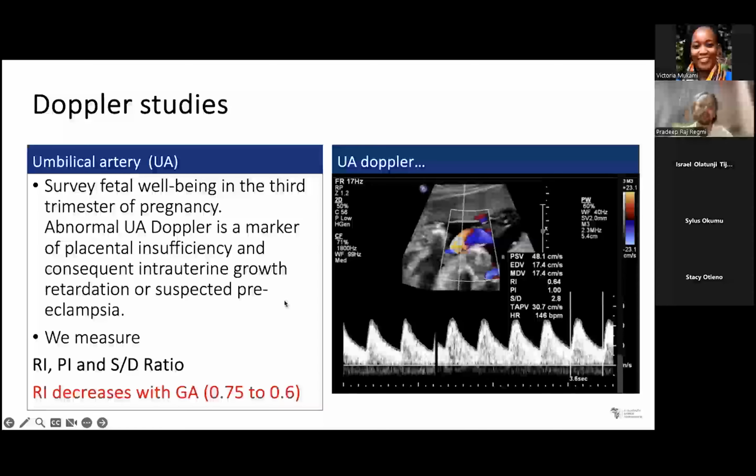Then we suspect any abnormality on the maternal side, like preeclampsia with increased blood pressure in the pregnancy, so that the flow is compromised within the fetus. So it is also one of the important measurements we provide to the clinician to determine the status of the fetus in third trimester.